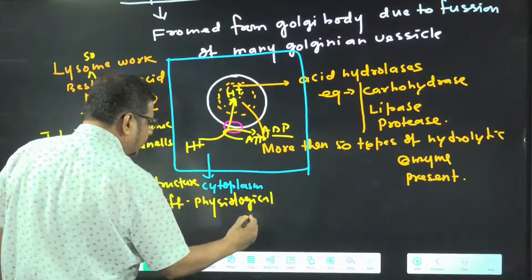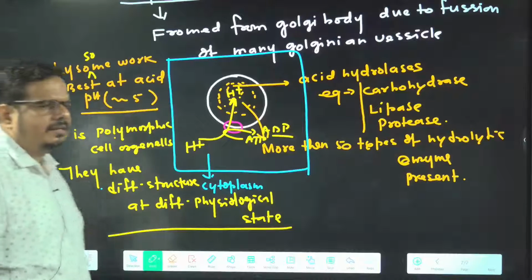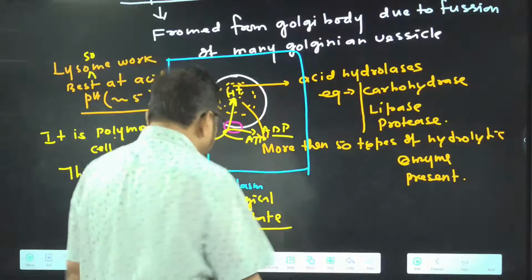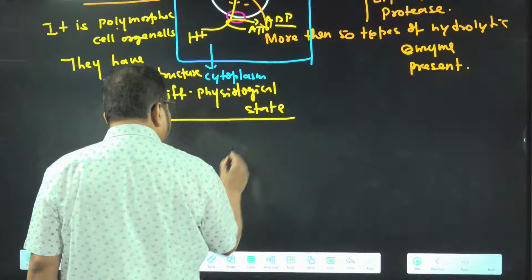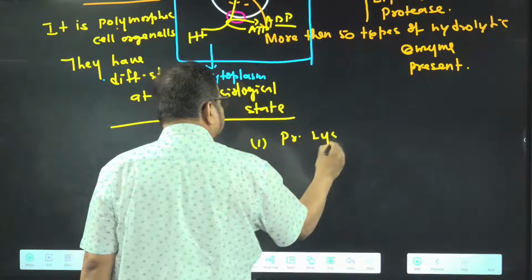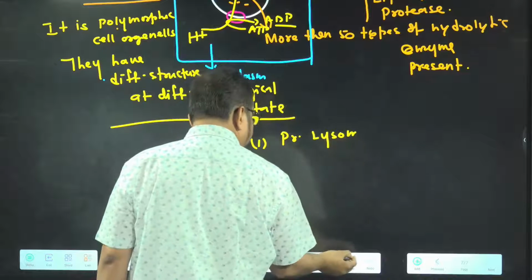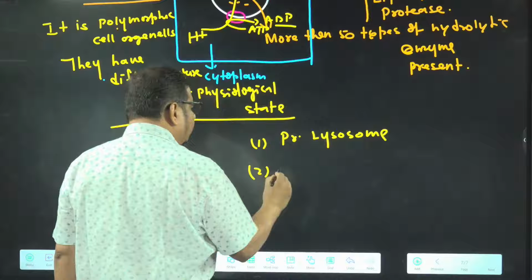Physiological state. They have different structure at different physiological state. So what are the different structures at different physiological state? I am telling you. First is primary lysosome. Second is secondary lysosome.